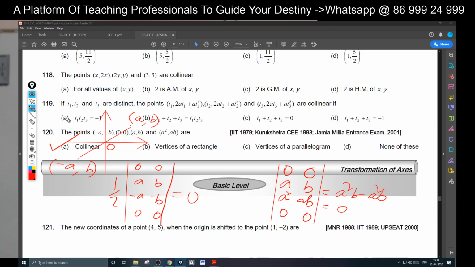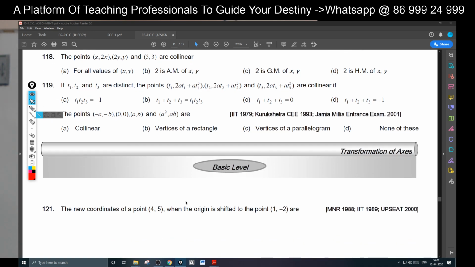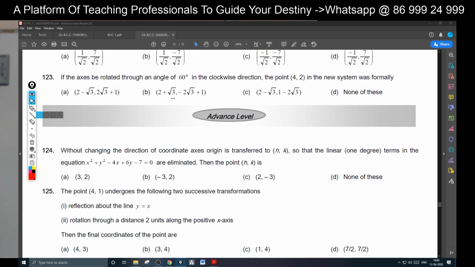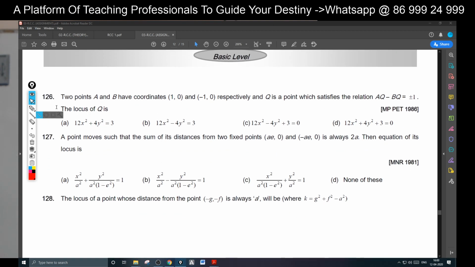Okay, and in tomorrow's class, what I'm going to take is this part, this change of axis. These are the problems related to change of axis. And then this is the locus problems.